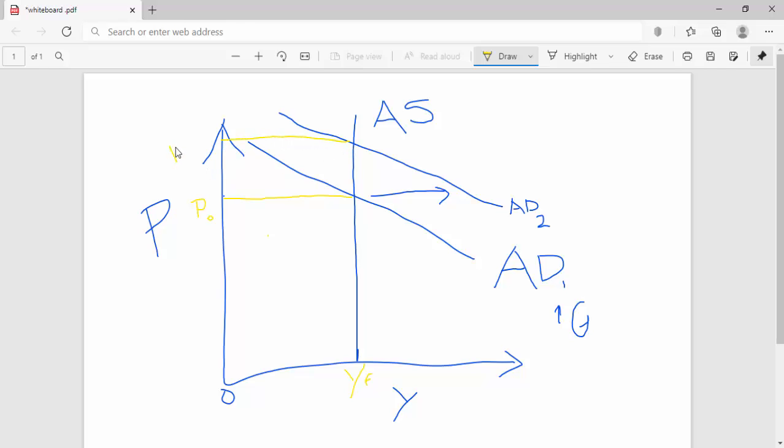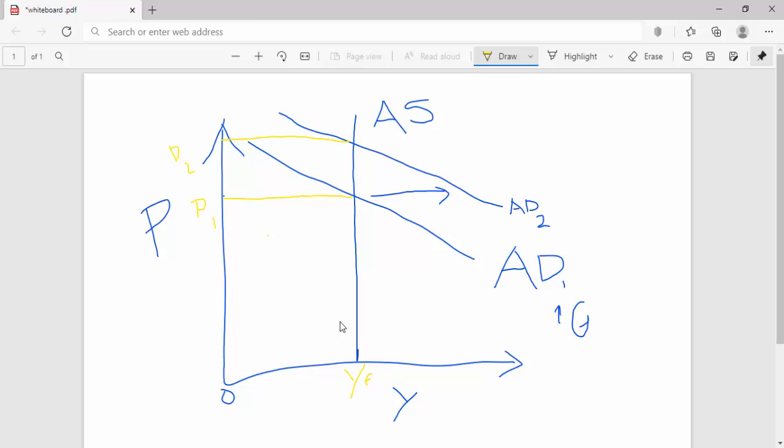Let's call this P1 and this P2. I hope so far this is going on well for you.